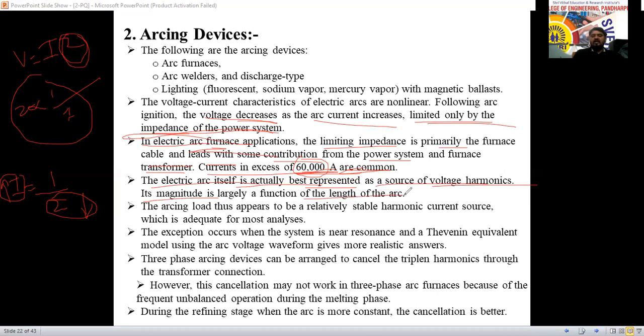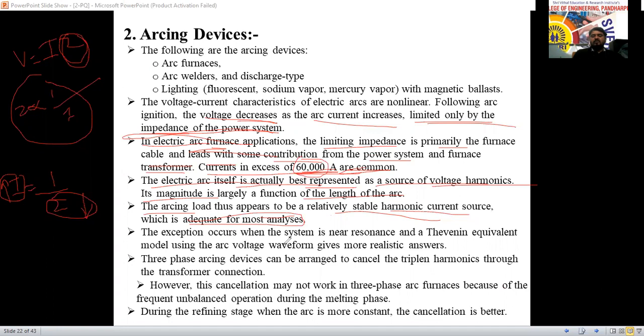How much length of arc is produced depends on the voltage harmonics. So the arcing load, whatever arc furnace we are using, appears to be a relatively stable harmonic current source, which is adequate for most analysis.